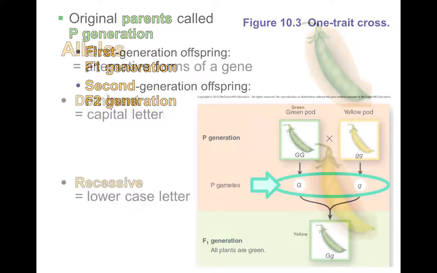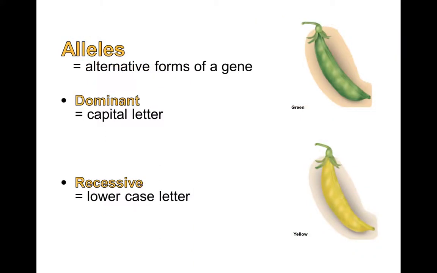Well, these letters are symbols for our genes. So the genetic coding for a certain characteristic. Say some garden peas are green and some are yellow, right? So in this case, we know that we typically see more green garden pea pods than we do yellow ones in these plants.